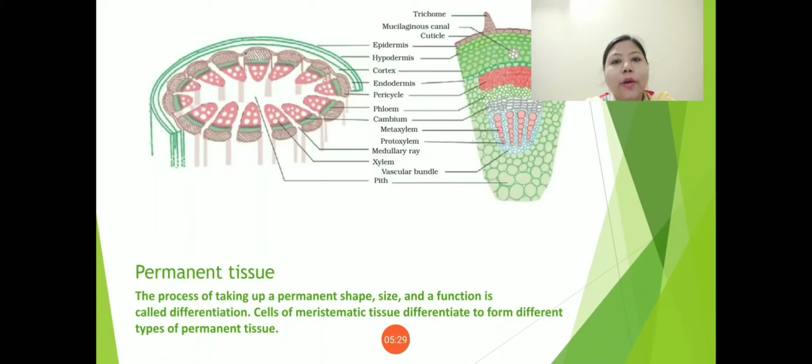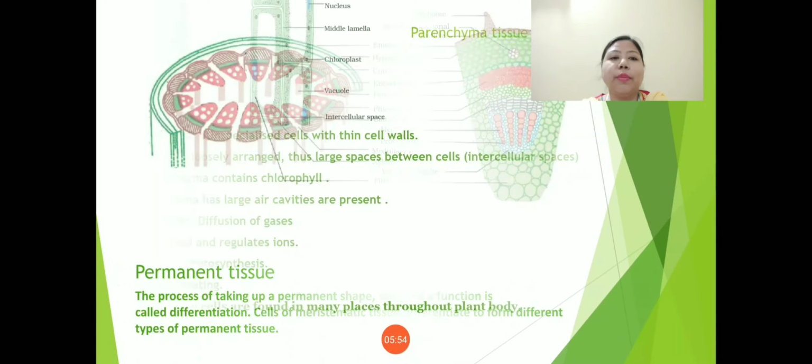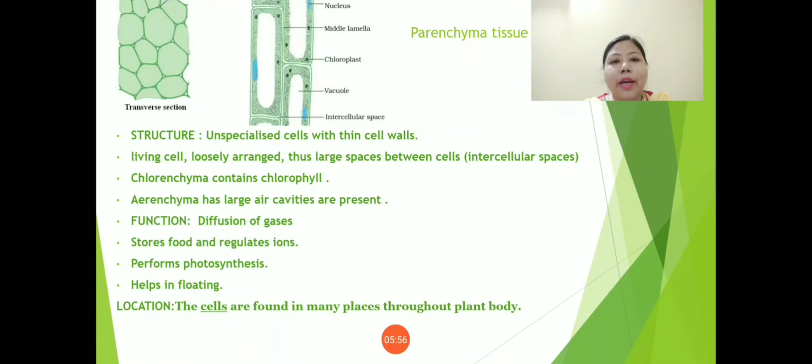Those cells take up a specific role and they lose the ability to divide and they become permanent. And the process of taking up permanent shape, size and function is called differentiation. Cells of the meristematic tissues differentiate to form different types of permanent tissues. So the first type of permanent tissue is parenchyma tissue.